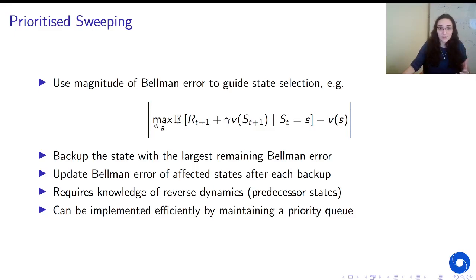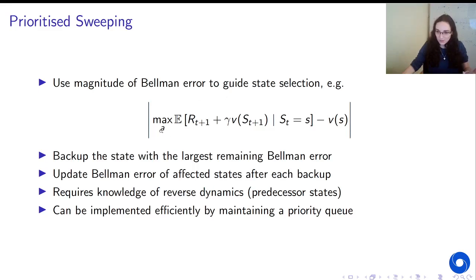The principle here is to select states according to this priority function, and an instantiation of the priority function can be using the magnitude of the Bellman error. We haven't defined it yet, but this is the equation for the Bellman error.